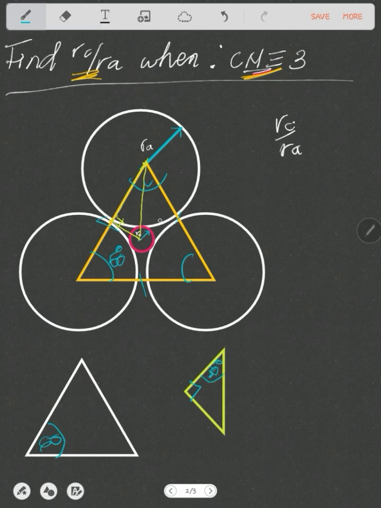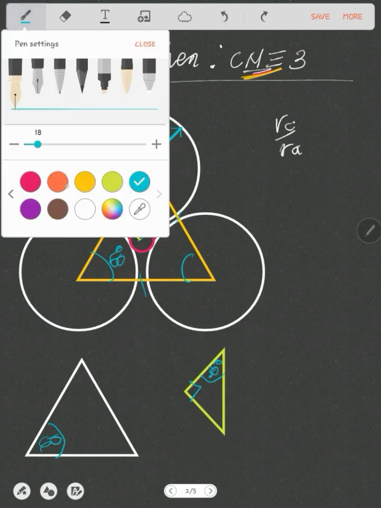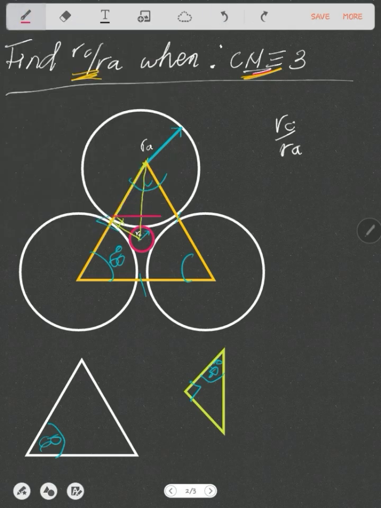Looking at this one again, let me use another color. We know from here to here, which forms this triangle, is this side, which is the radius of the anion. And then from here to somewhere here is the same radius of the anion.